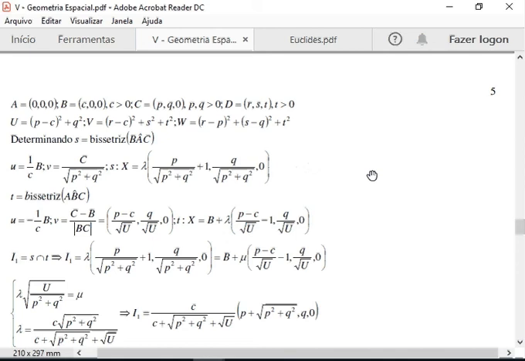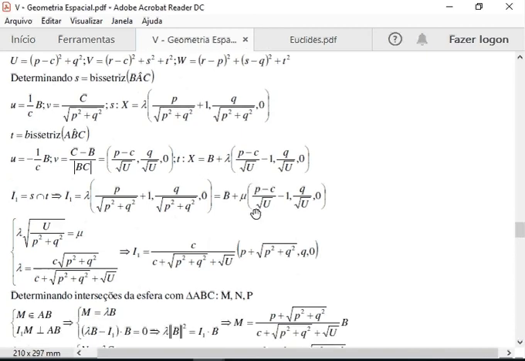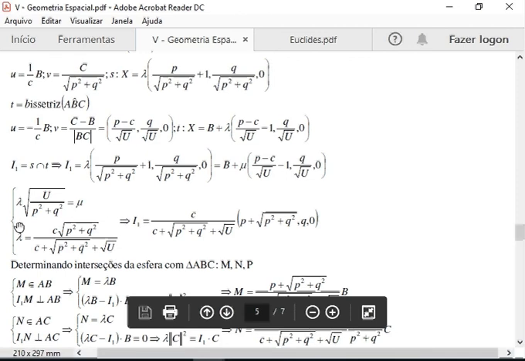With the same reasoning we did above, we determine the bisector S of BAC using U and V. T is the bisector of ABC. We know U, we know V, we calculate T: X equals B plus lambda times a vector. We know I1 is the intersection of S and T: I1 equals B plus mu times a vector. We have a system in lambda and mu.